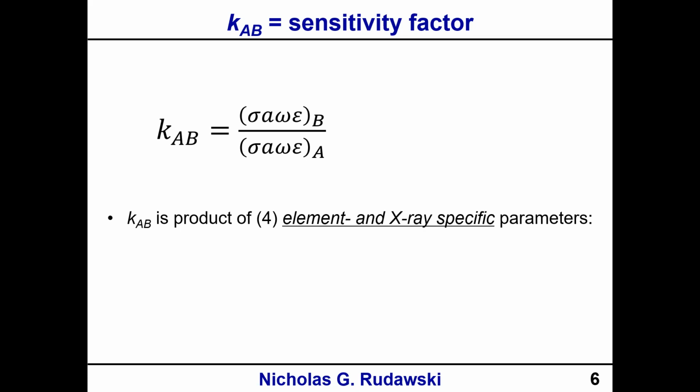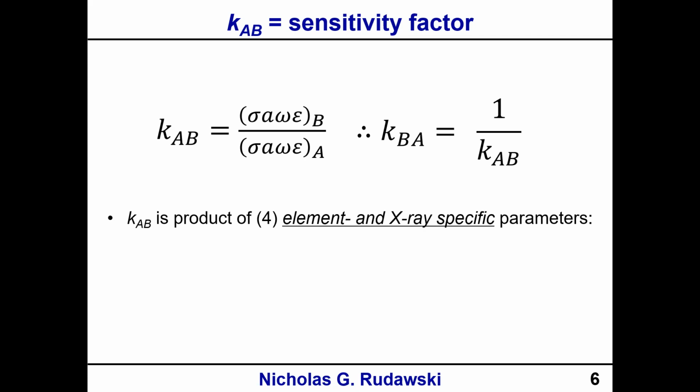If it's KAB, we have the product for element B divided by the product for element A. And what's interesting, very obviously, is if I want to figure out KBA, I just take the reciprocal of KAB. So KAB is really two sensitivity factors in one, because it also describes the reverse or reciprocal relationship. This is useful, as we're going to see in a minute.